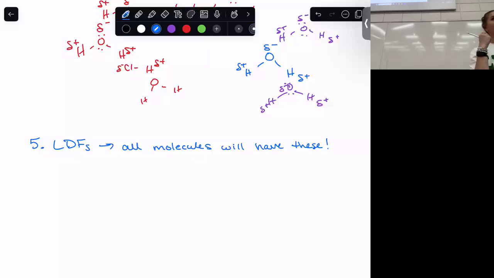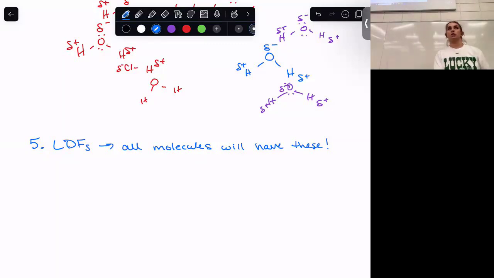Even nonpolar molecules? Yes, even nonpolar molecules. Polar molecules, nonpolar, all of these will have them. So if you have dipole-dipole interactions, you also have London dispersion forces. If you have hydrogen bonds, you also have dipole-dipole, which means you also have London dispersion.